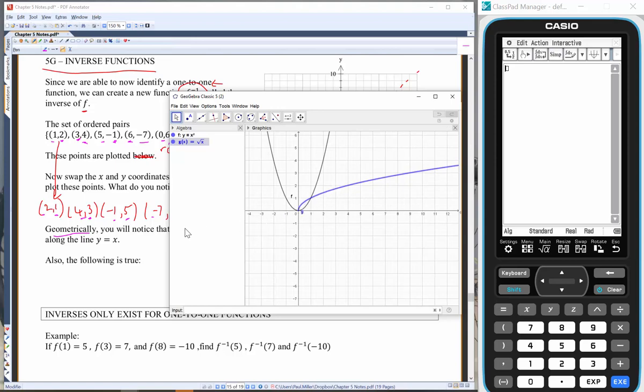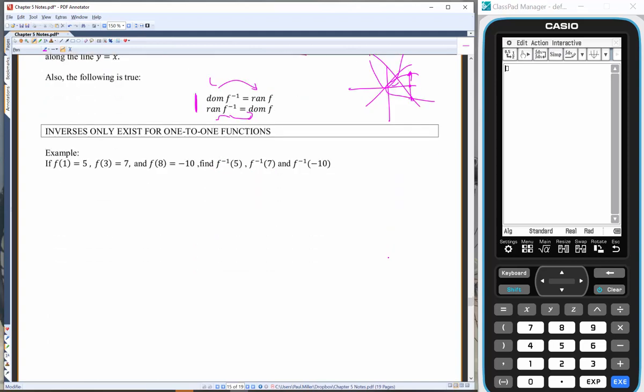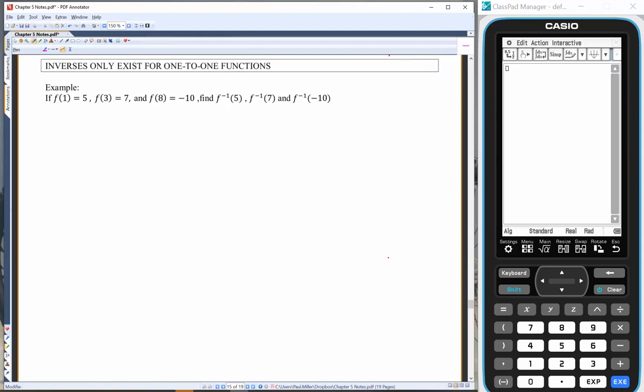If I did a true swap of x and y on a parabola, it would become something like that, which is not a function because for the one x value, it produces two y values. So that function, although it is a function, is not one-to-one. We say that it's not invertible in its current state. We can restrict the domain to make it invertible, to make it one-to-one. So to inverse, the function must be one-to-one, otherwise it will not produce an inverse function.